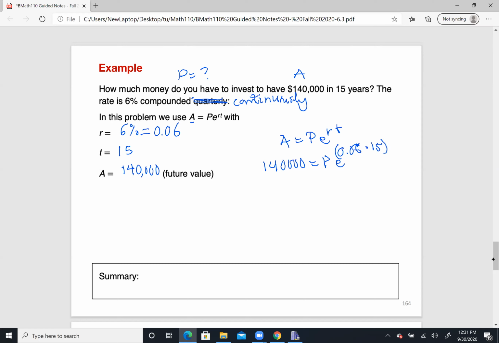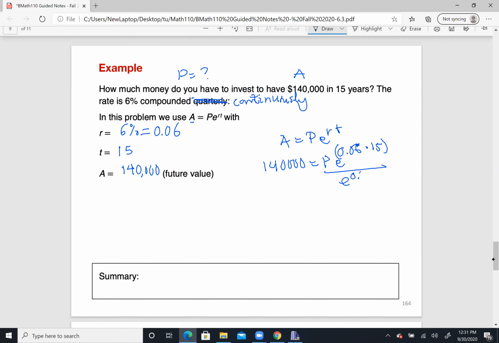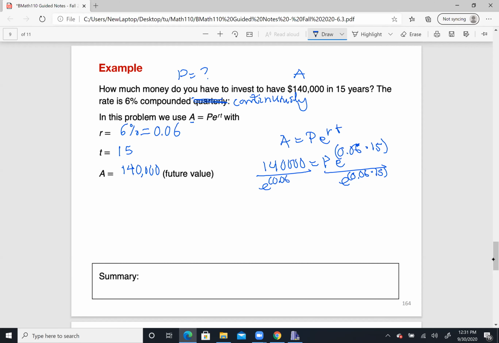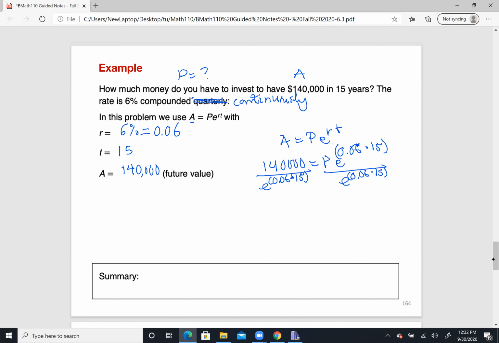Okay, so now I will divide both sides by e to the power 0.06 times 15. Divide both sides. Be careful with your operation here.